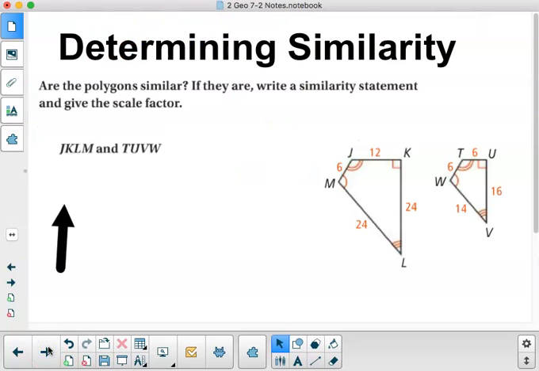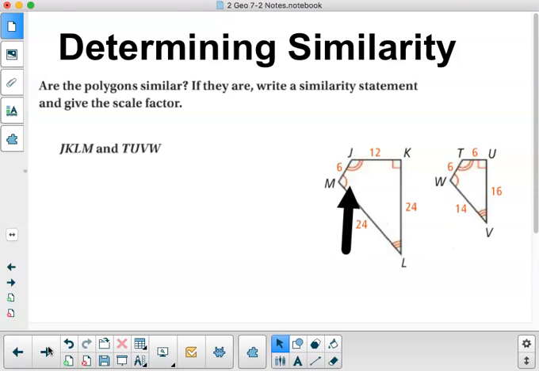Now, determining similarity. Are the polygons similar? If they are, write a similarity statement and give the scale factor. Well, they're talking about JKLM and TUVW. JK and TU have corresponding angles going across, double to single, double to single, single to double, single to double.